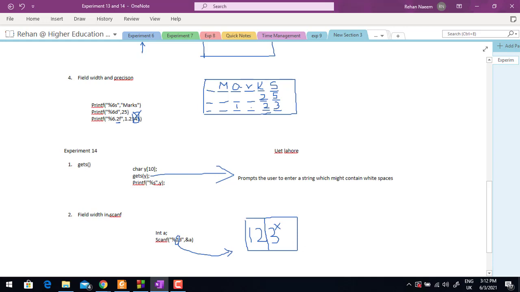So using field width in scanf means it instructs the computer to only consider that number of digits which are to be stored in some variable. Instead of writing 2, if I write 1, then only 1 will be considered and will be stored in variable a, while the rest of the digits will be discarded.